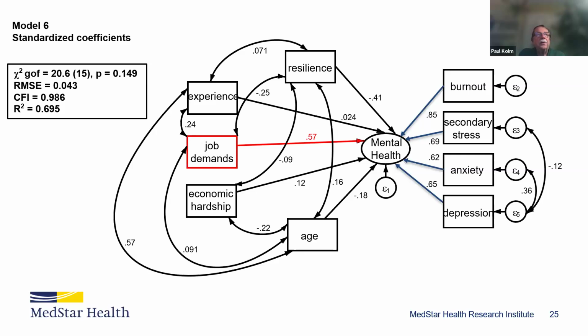The R squared is still almost 0.7. So you can see that by adjusting or rearranging variables in our model, we can get a model that fits pretty well.